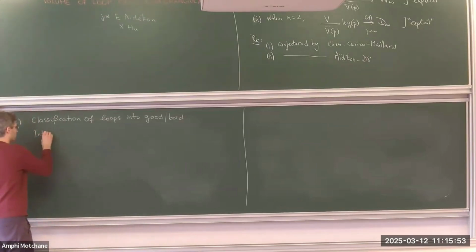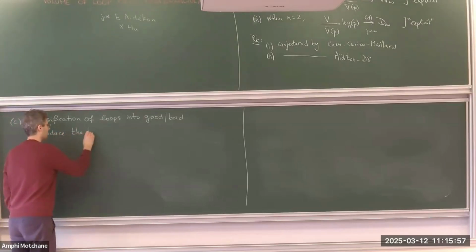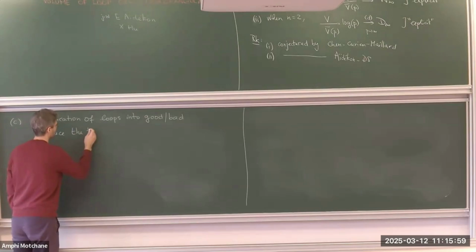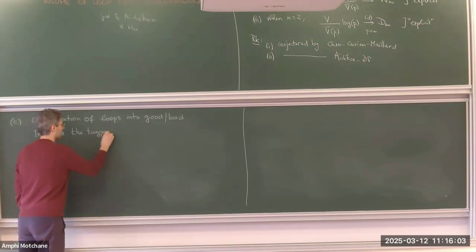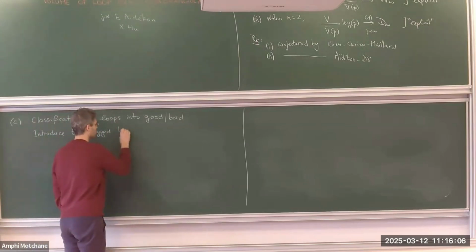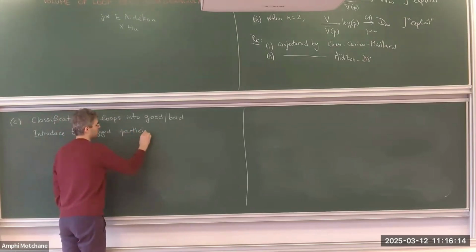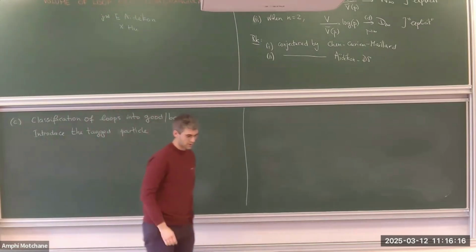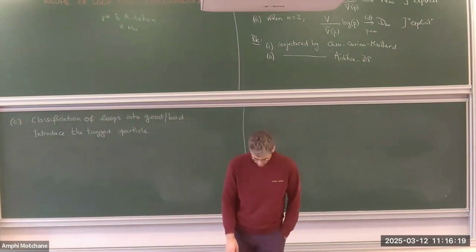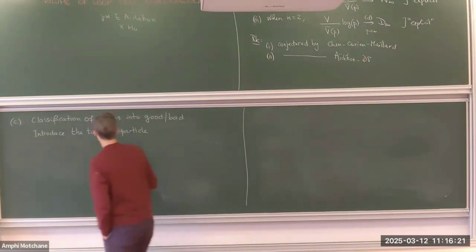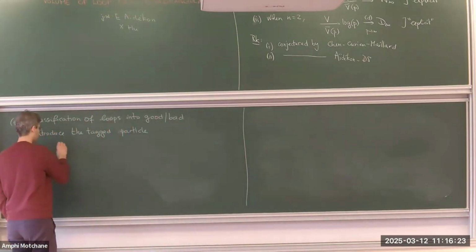So what we want to do is to introduce this tagged loop, or tagged branch, or let's say particle if we're taking the point of view of branching random walk, whose distribution is given by the following.